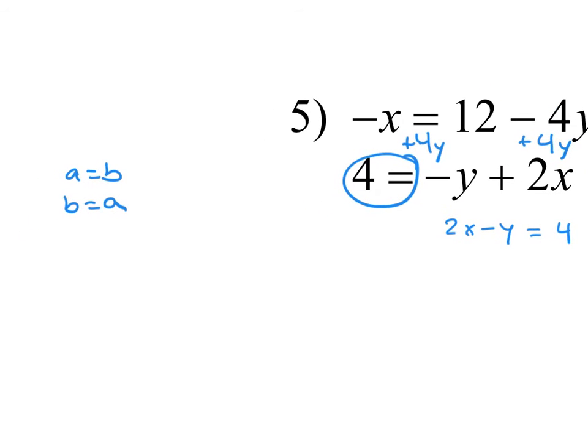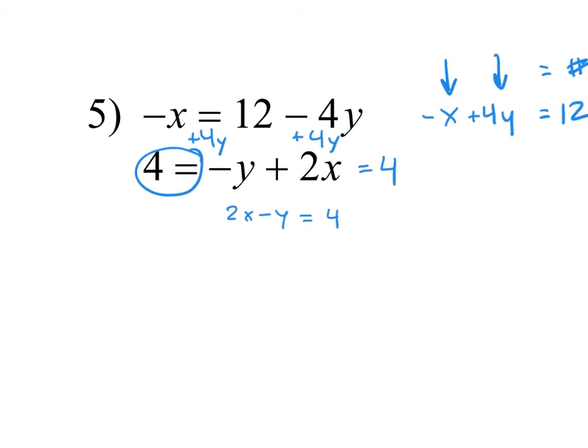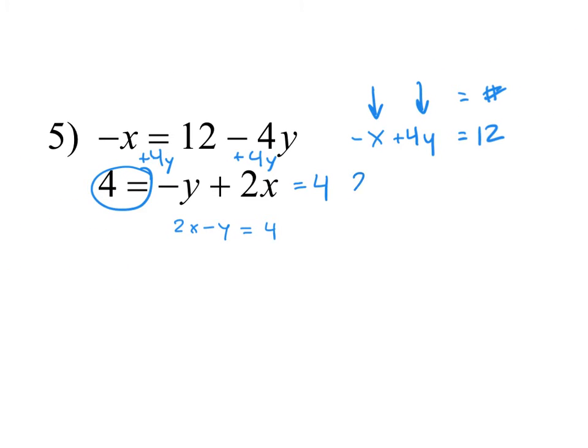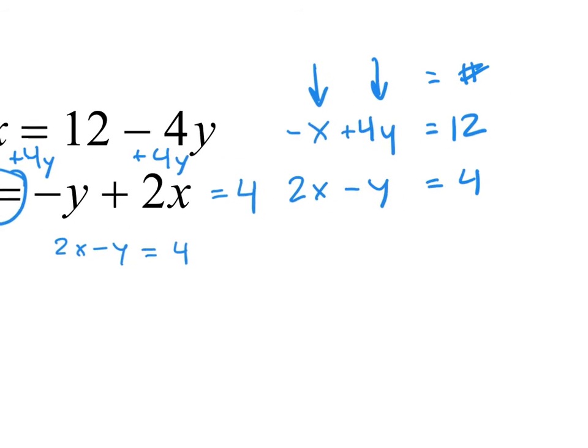So again, if I had a plus b is equal to c, I could also write b plus a is equal to c. So I can just reorder what I'm adding, and we get the same answer. So our second equation here is 2x minus y is equal to 4. Everybody with me?